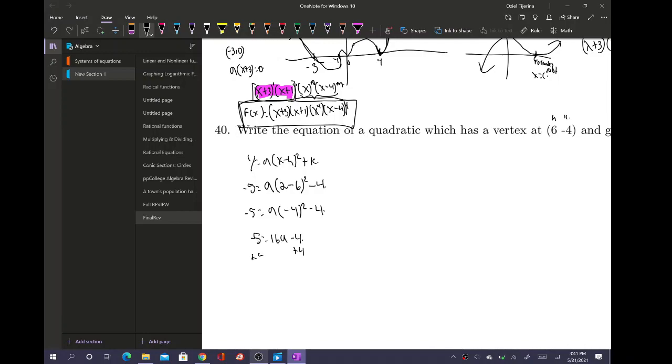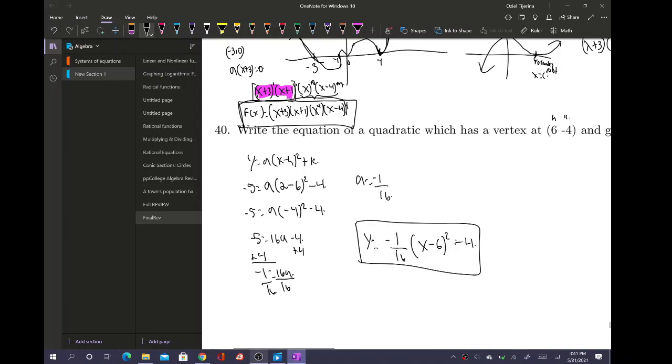So you would add 4 on both sides, you get -1 equals 16a. You divide both sides by 16, you get a equals -1 over 16. So your equation would be y equals -1 over 16 times the quantity x minus 6 squared minus 4. Okay, and this is your final answer.